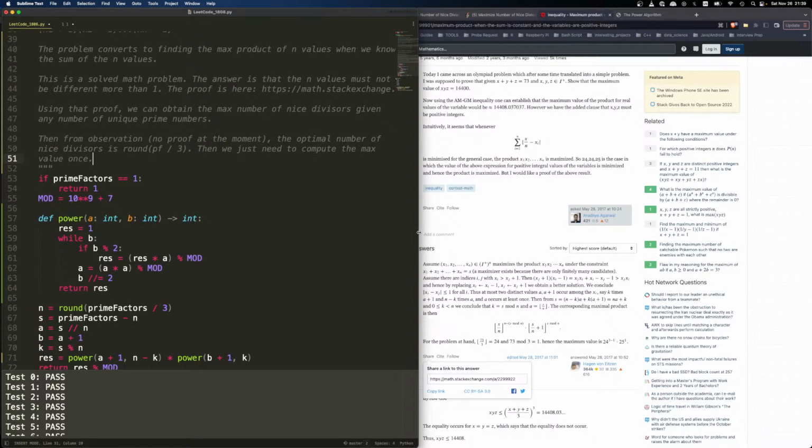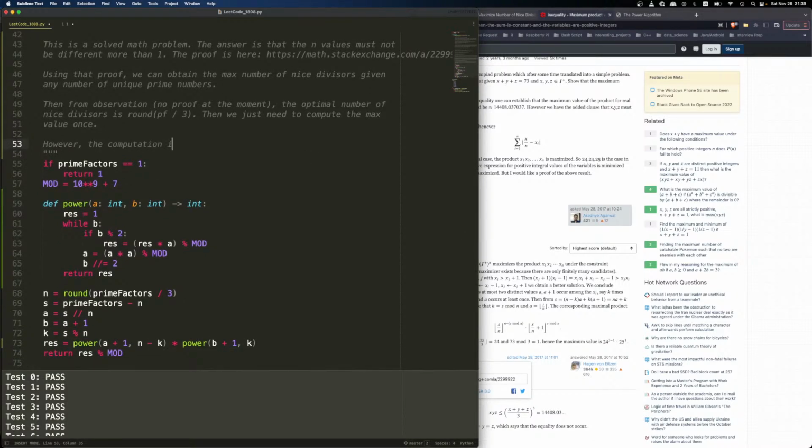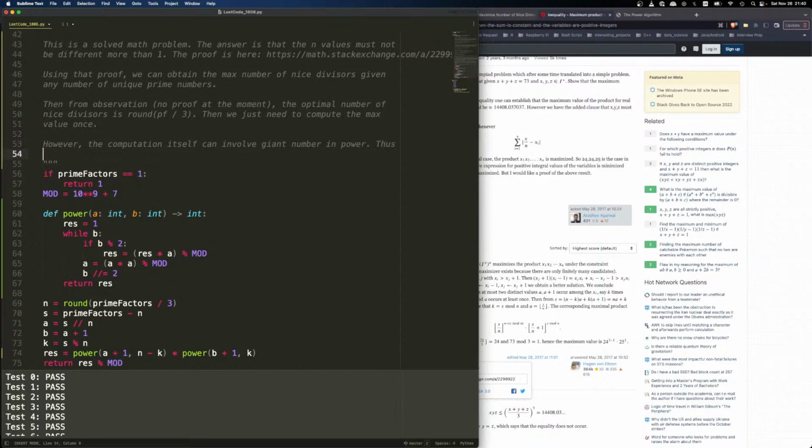However, the computation itself can involve giant numbers in power. Thus, we have to handle the power computation ourselves by including mod in it.